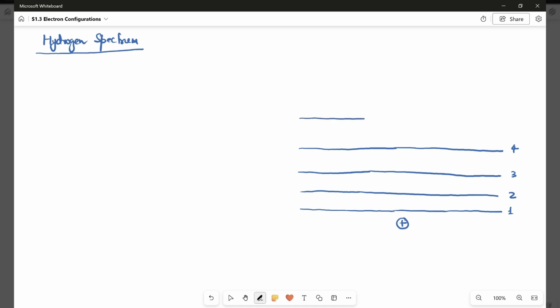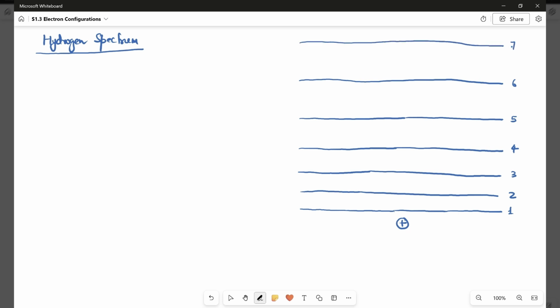This is shell 5. This is shell 6. This is shell 7, right? And in this way we have an infinite number of shells, right? So these are the number of shells, right?